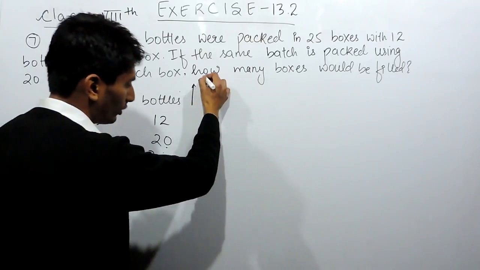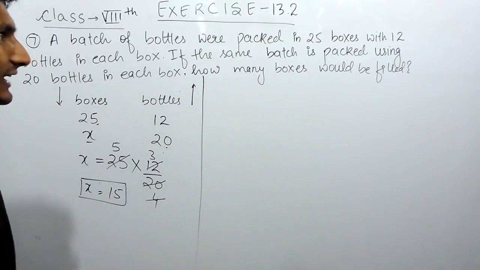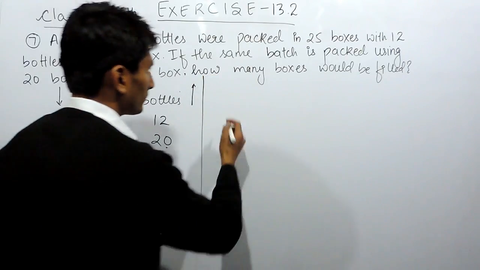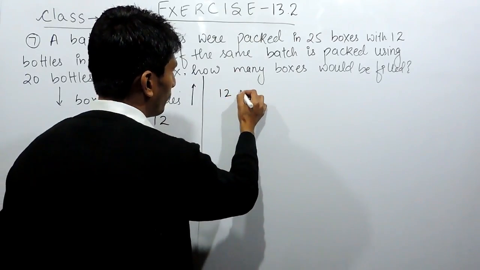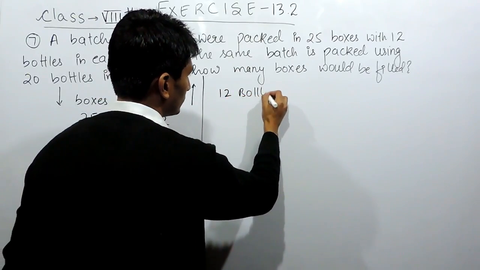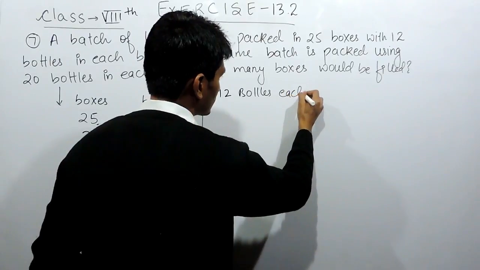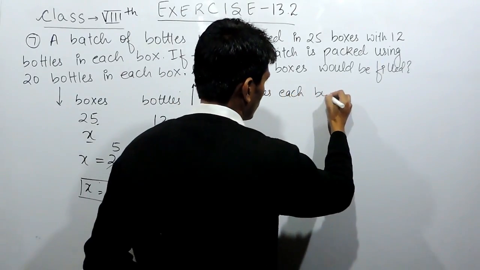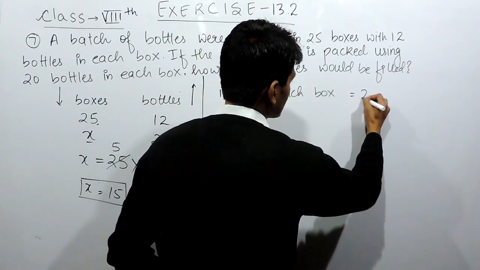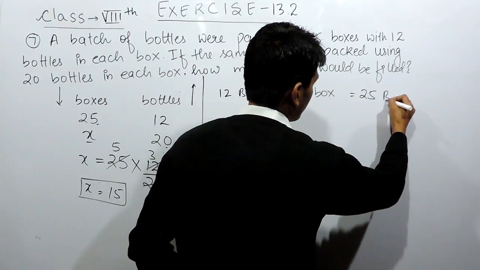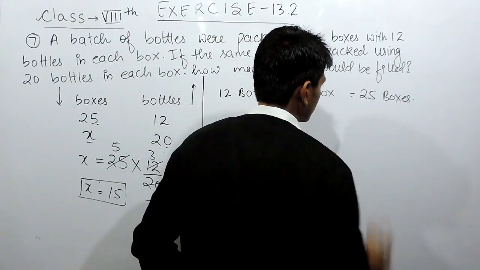There could be another way of solving this. The second method is: when we pack 12 bottles in each box, the number of boxes that is required is 25 boxes.